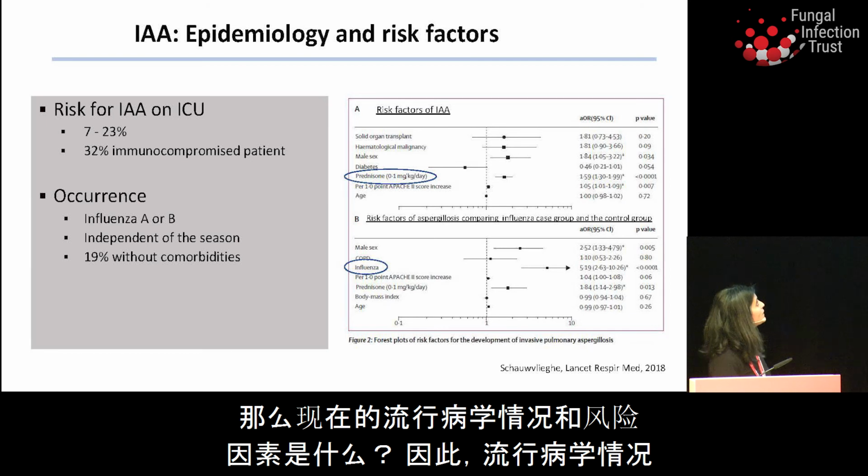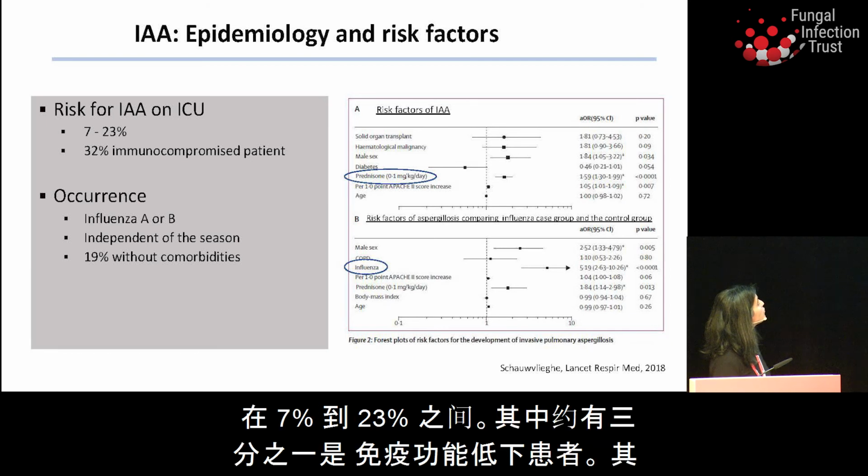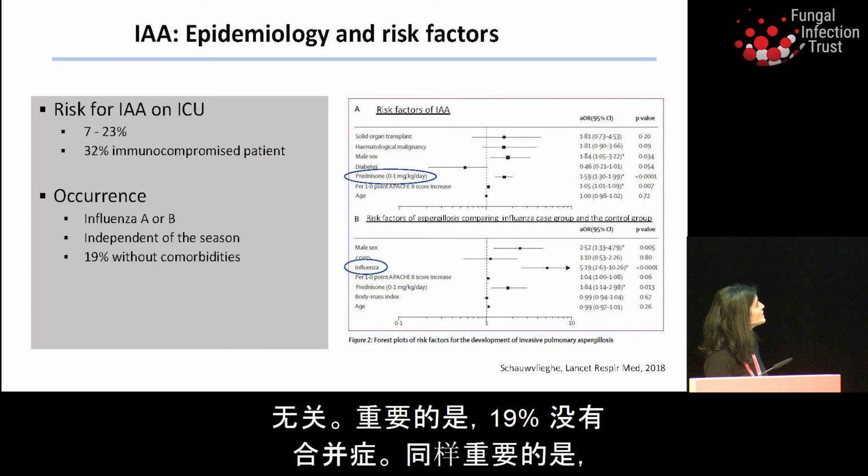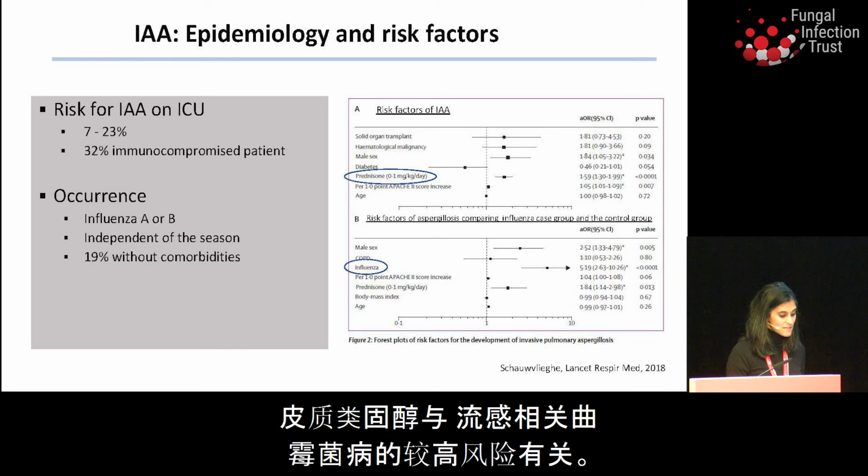The epidemiology varies between 7 and 23%. Approximately a third are immune-compromised patients, and the occurrence is independent of the type of influenza, so A or B, and it's also independent of the season, and importantly, 19% have no comorbidities. What is also important is that corticosteroids have been associated with a higher risk of influenza-associated aspergillosis.